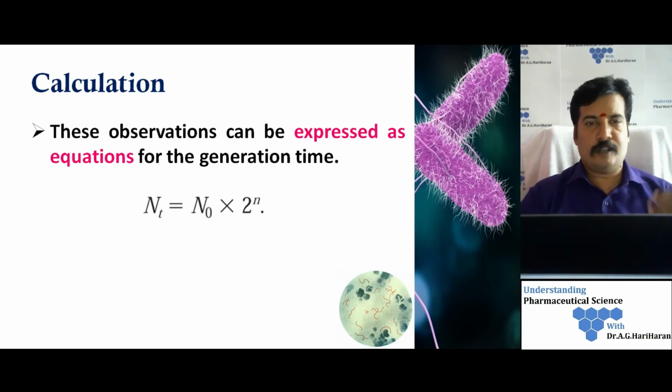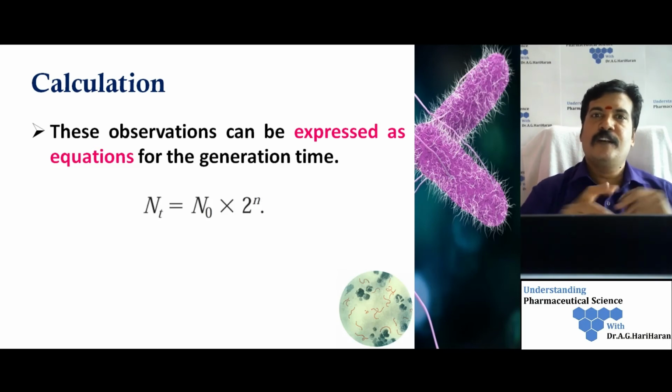So let us calculate Nt, that is the number of cells at time t, equal to n0 into 2 to the power n. Here n0 is the initial population, 2 is the doubling, and n is the number of generations.